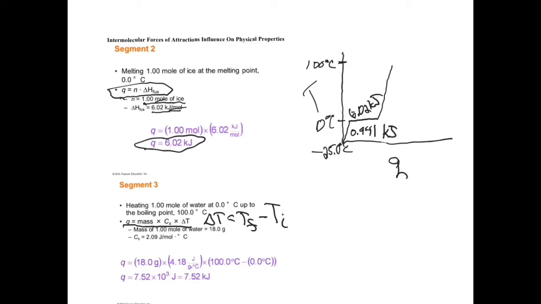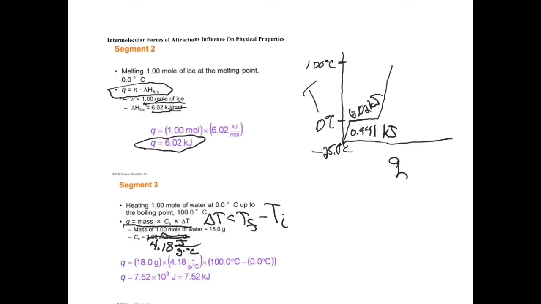All right, and the specific heat capacity for liquid water, sorry, this is wrong, is 4.18 joules per gram per degree Celsius.